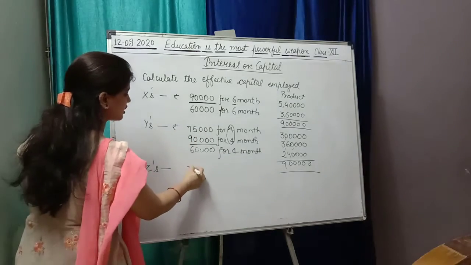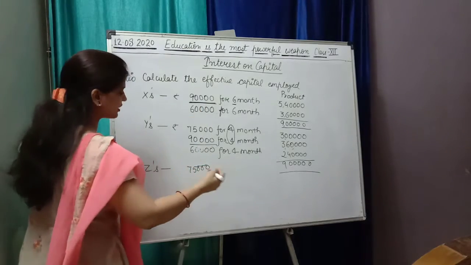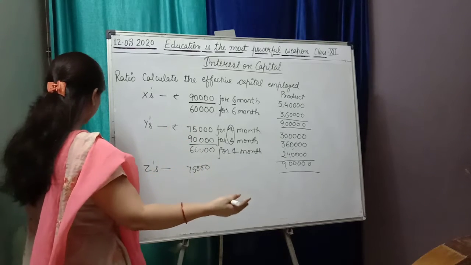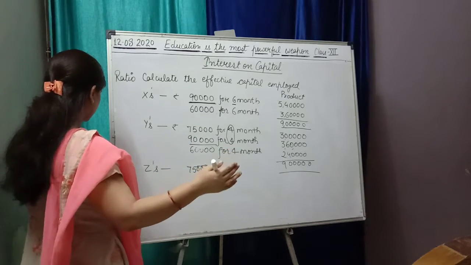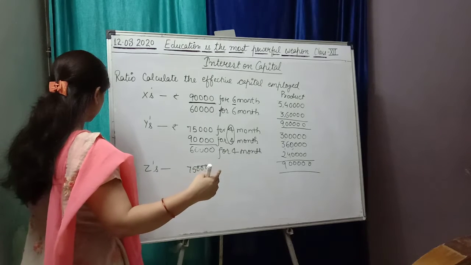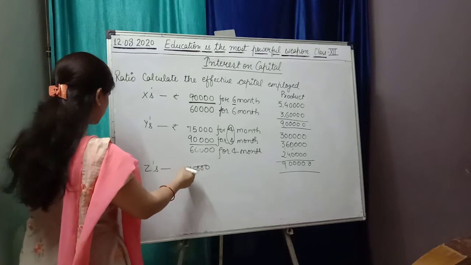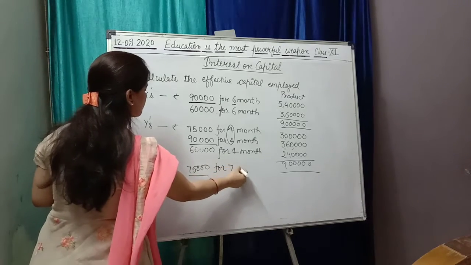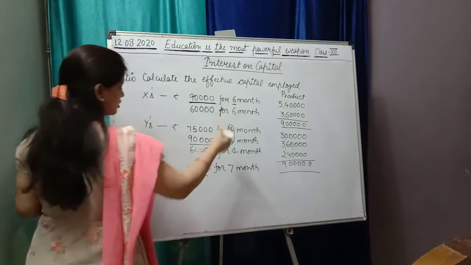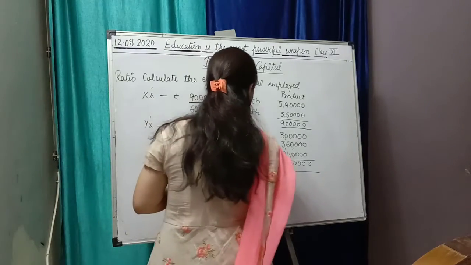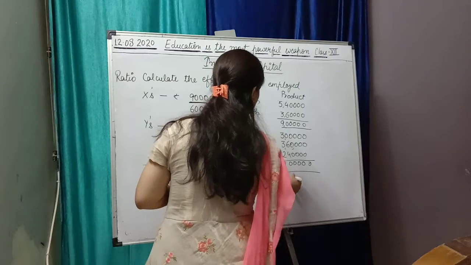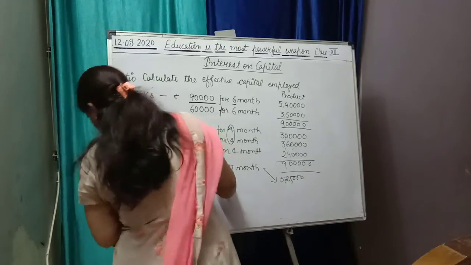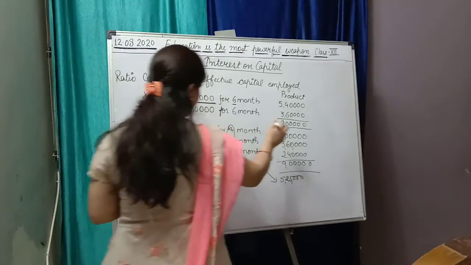After 7 months he increased it. So 75,000 into 7 will come to 5,25,000.